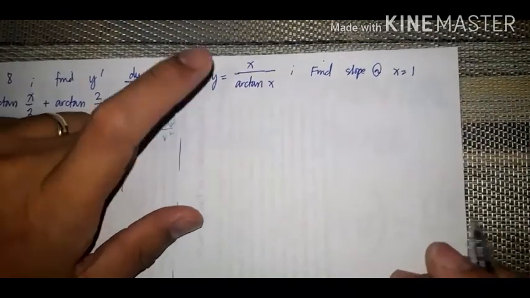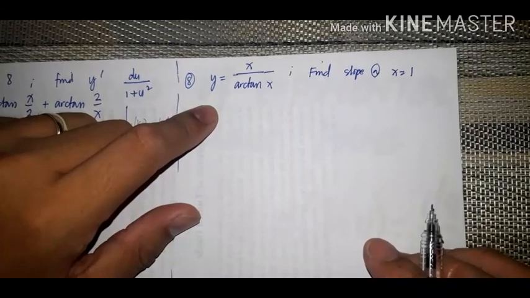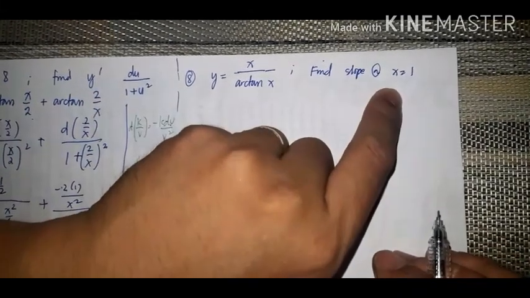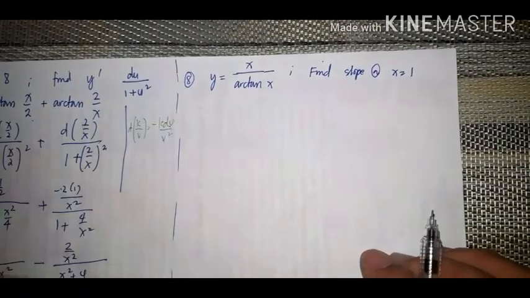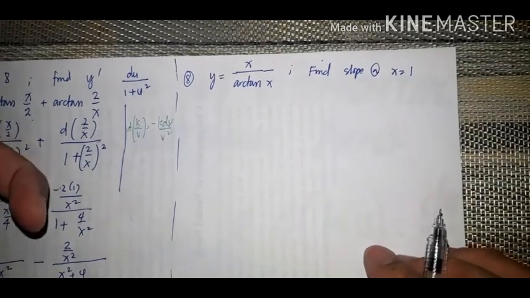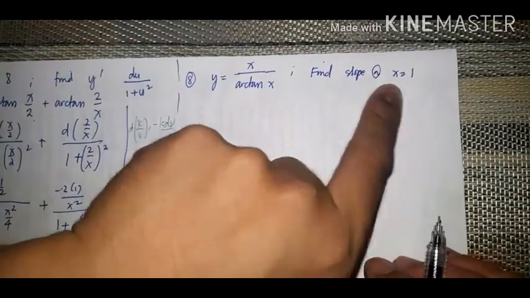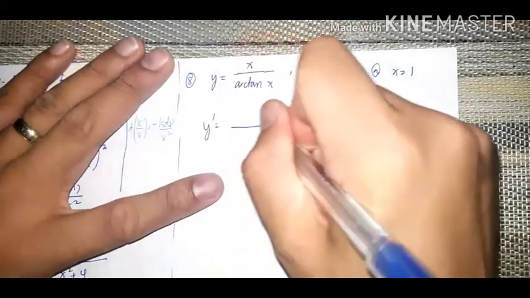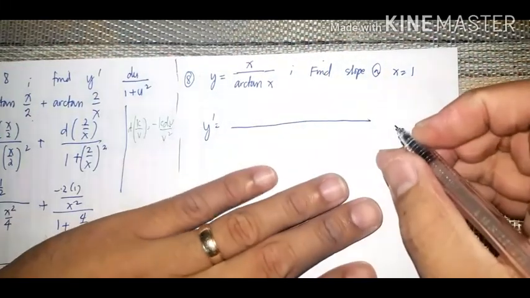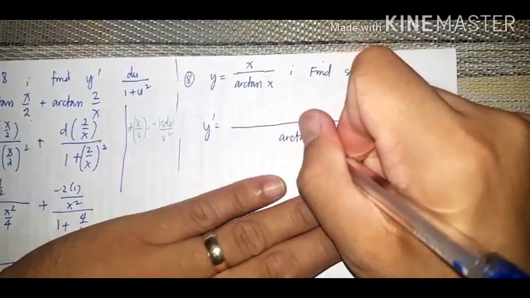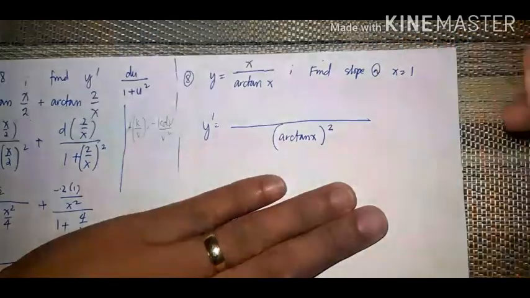So, number 8, y is equal to x over arctangent x. Find the slope at x is equal to 1. So, you just have to solve for the first derivative, and since the slope is the first derivative at that particular value of x, I'll just get the first derivative. So, since quotient siya, gagamit ako ulit ng v du minus u dv over v squared. So, ang v natin is arctangent of x raised to the second power.